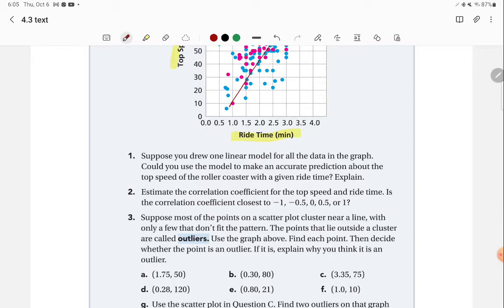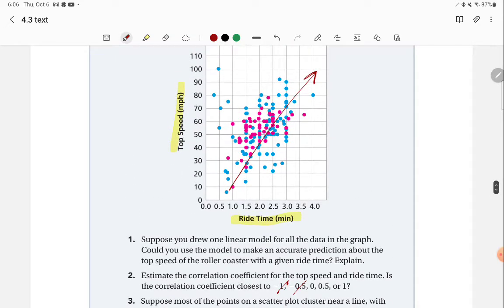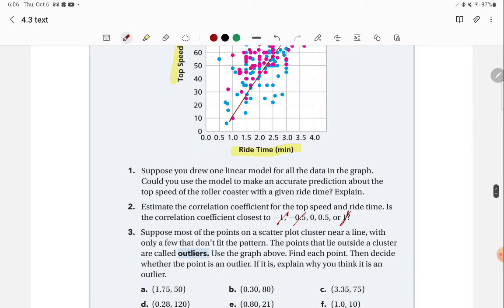Number 2, estimate the correlation coefficient for the top speed. So in number 2, the correlation coefficient, we know that it's not negative because left to right, the points tend to increase. They do have a positive correlation. We know it's not 1 either. So I would say it's somewhere between 0 and 0.5. And it's probably actually closer to 0 in this case.